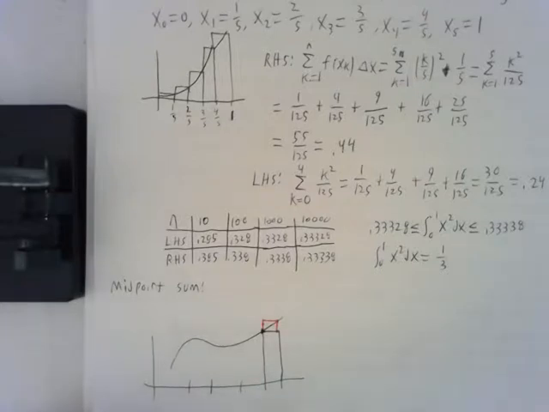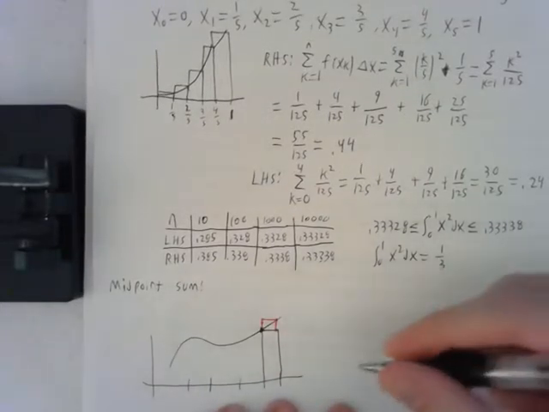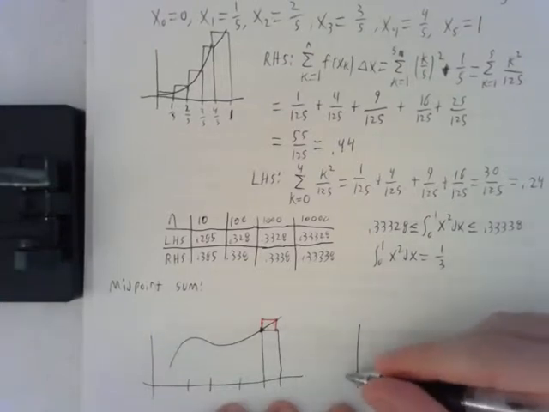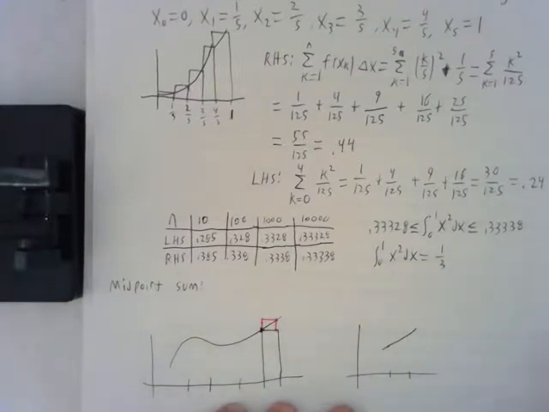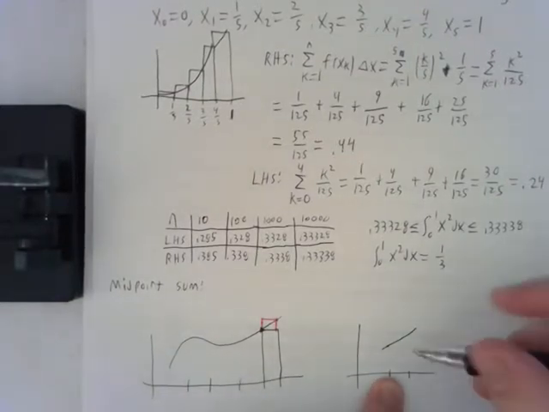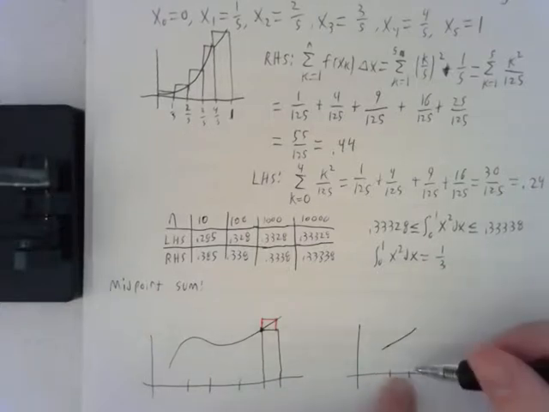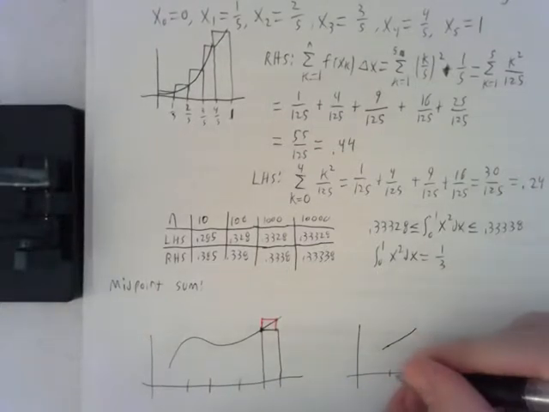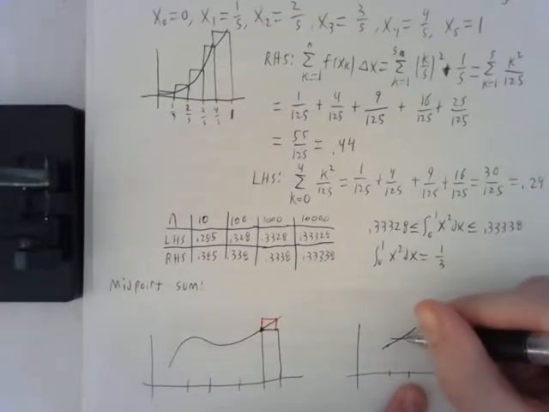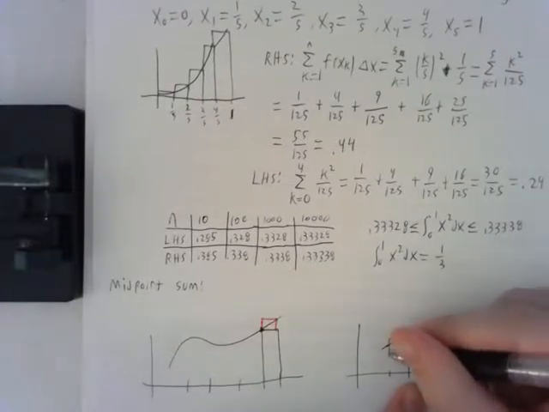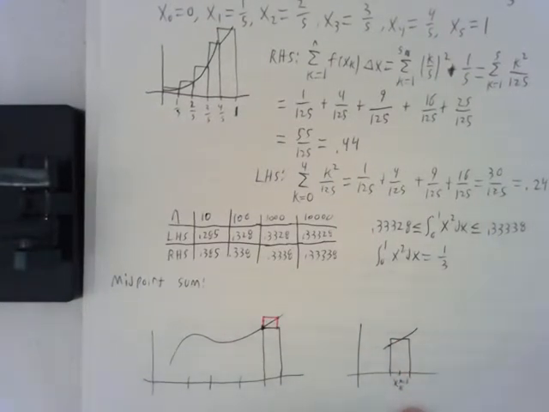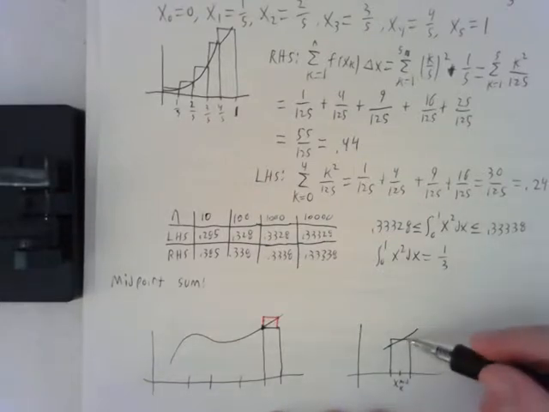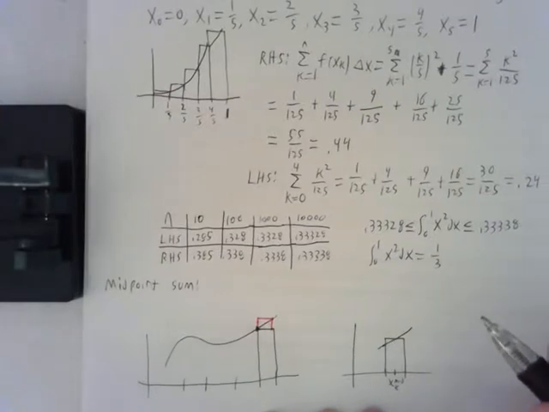So the idea of the midpoint rule, if I sort of redraw just that small region there, is that instead of taking the height of the rectangle to be the function value on the left side or the function value on the right side, I choose the height of my rectangle to be the value in the middle of this interval. So at some point here, which I'll call xk mid. And so I think it's clear from the picture why we might hope that this gives us a better approximation.